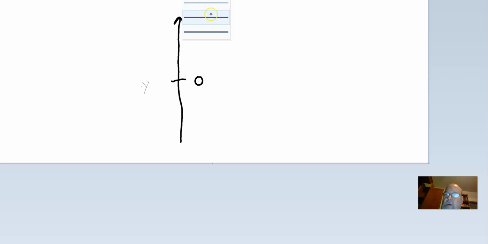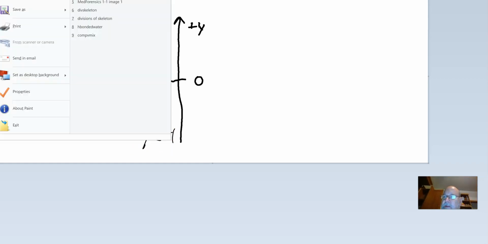So y0 equals 0, and then y equals negative 4. So that's how we're going to designate my initial position and my final position. Simple as that. And this is how we start to describe motion.